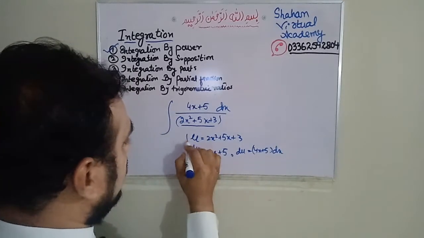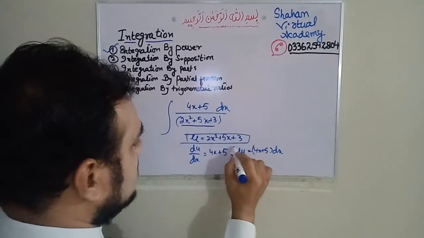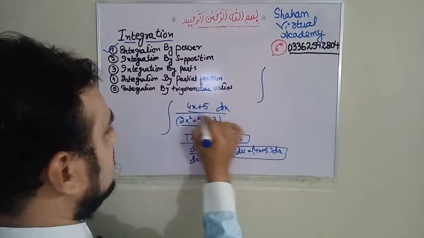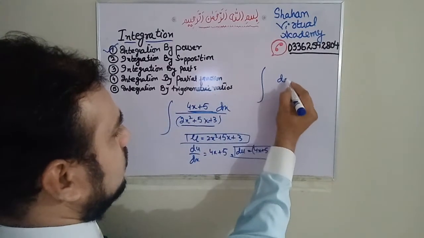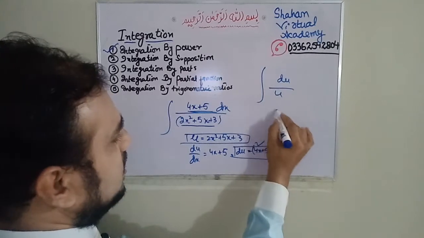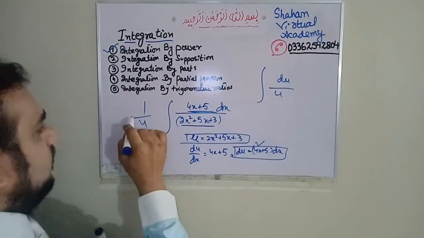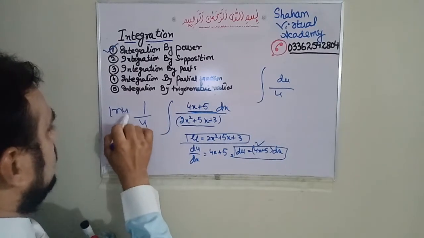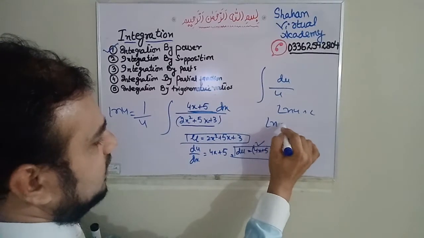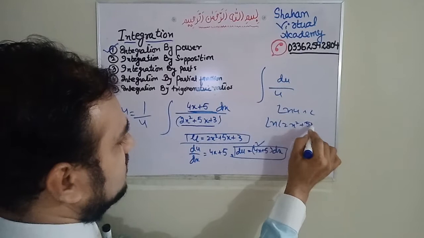We put u in place of the denominator and du in place of the numerator with dx. You know that the antiderivative of 1 upon u is ln u, so it becomes ln u. Now put back the value of u, which is 2x squared plus 5x plus 3, plus c.